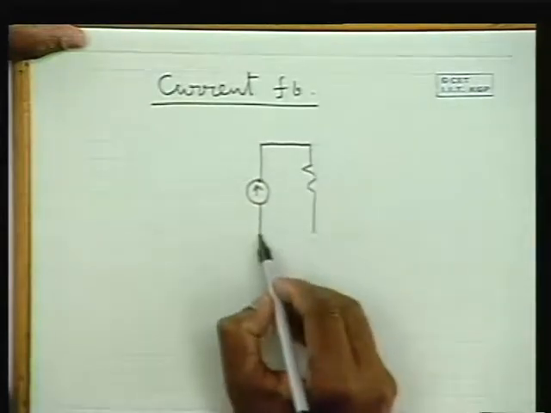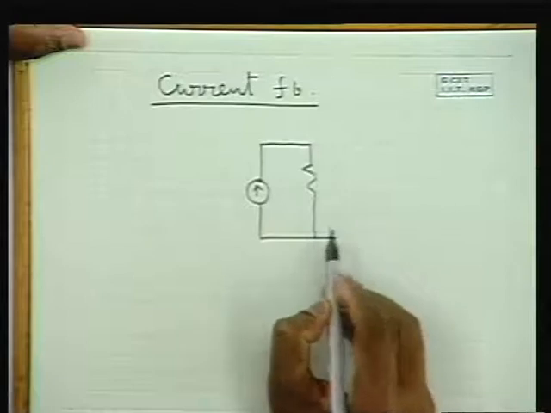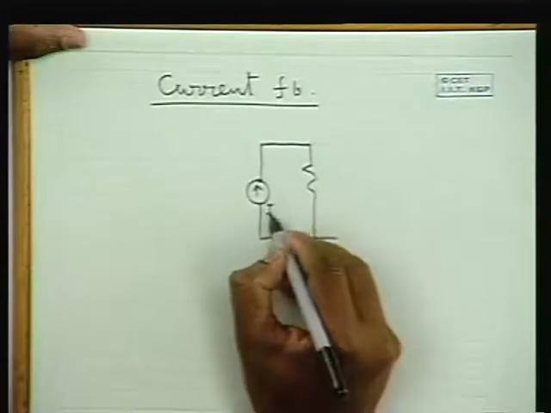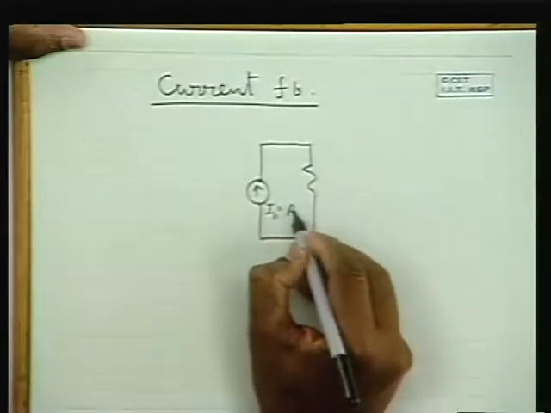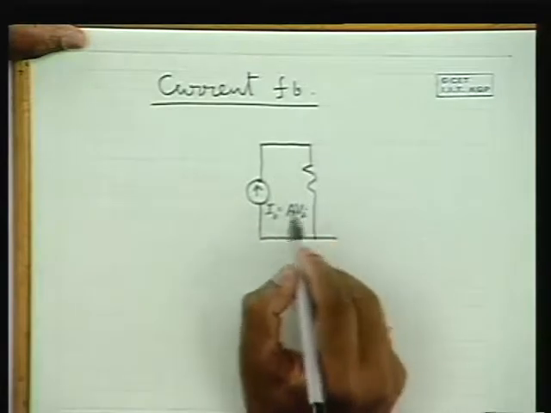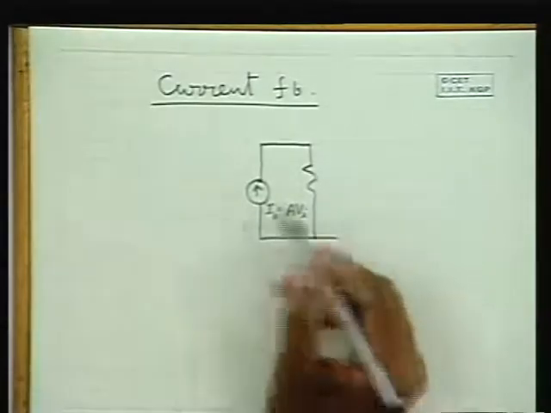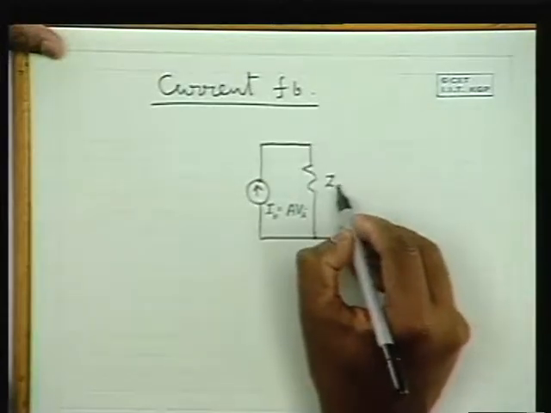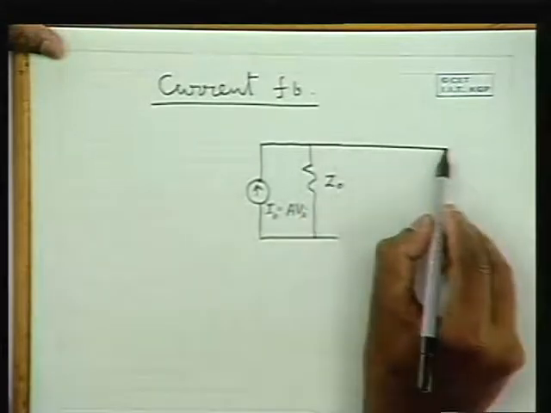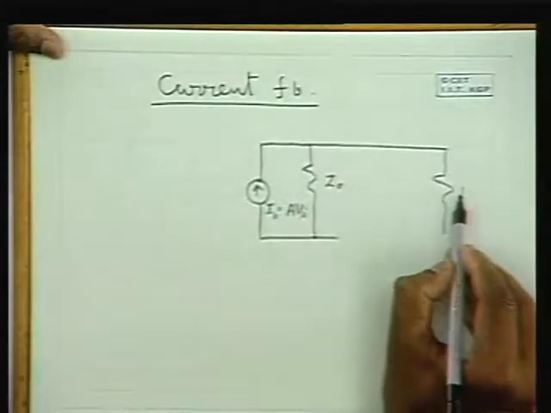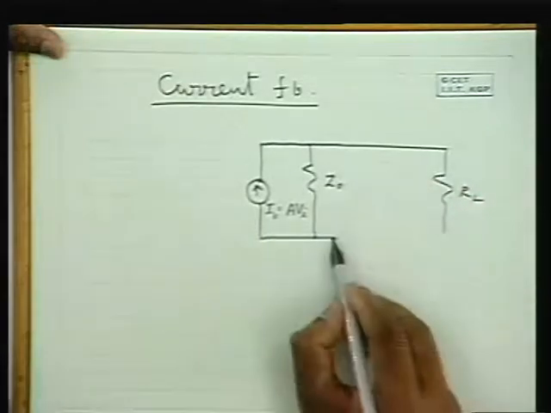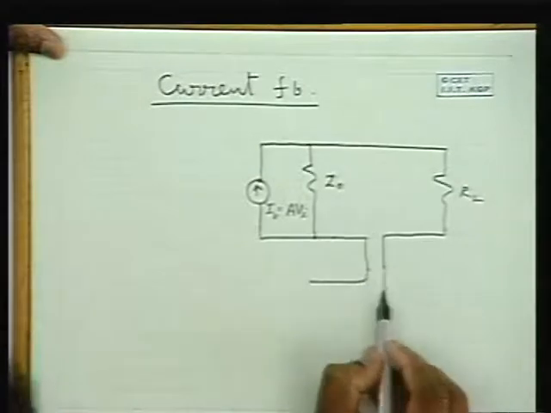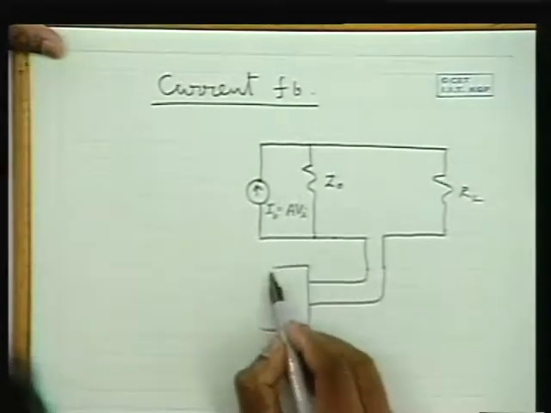Therefore, I am representing the amplifier output circuit in this form as a current source, and this I0 is A times the input signal Vi if the input is a voltage signal, otherwise it is II, and this is Z0, and here is the load resistance RL, and we tap the output current by cutting the line and allowing the current to pass through the feedback network.